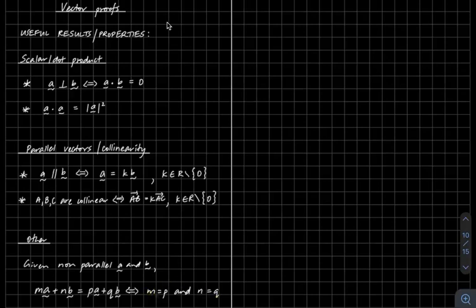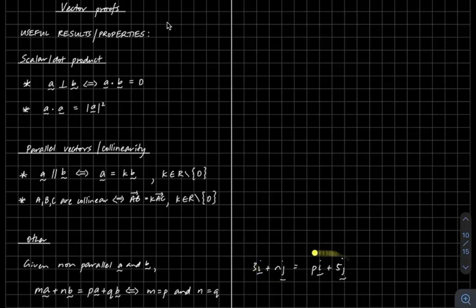Now we actually use that one all the time with i's and j's. So, an example of that one would be if we said 3i plus nj is equal to pi plus 5j. Then we would say, well, we can see from that in fact p has to equal 3 and n has to equal 5.